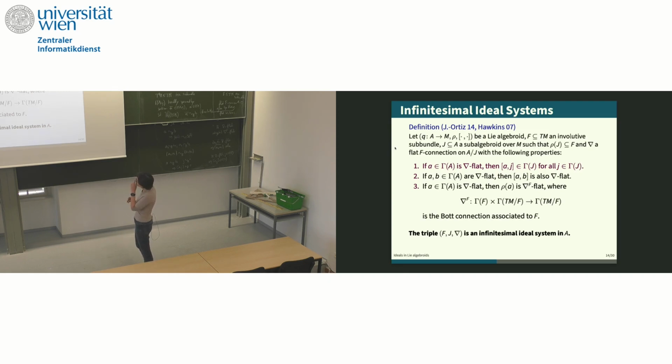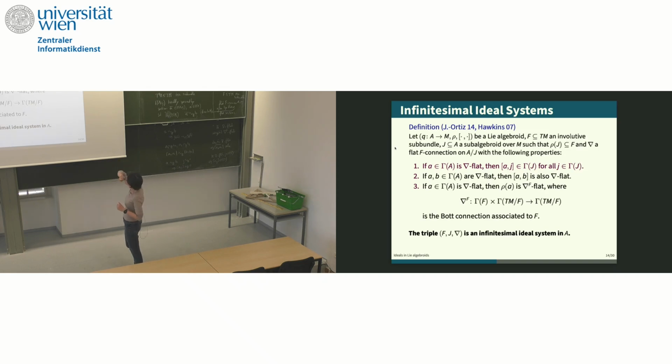But if you really look at it and remember the naive ideals, asking for all sections of I bracketing all sections of A into I was too much because you had the anchor to vanish. So now we replace this by saying I'm going to take a subbundle of A, but I'm not going to ask for all sections of A to bracket this subbundle into itself. I'll do it only for special sections of A. That's what the connection says.